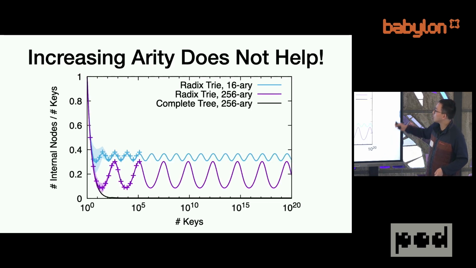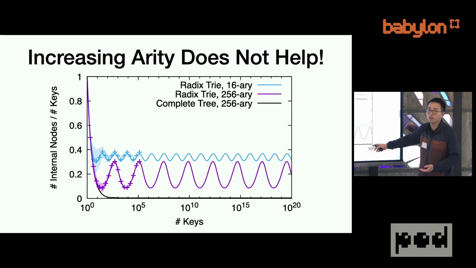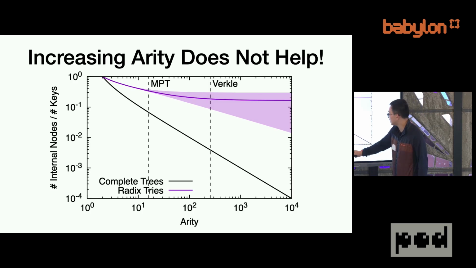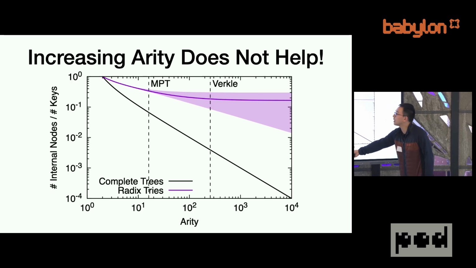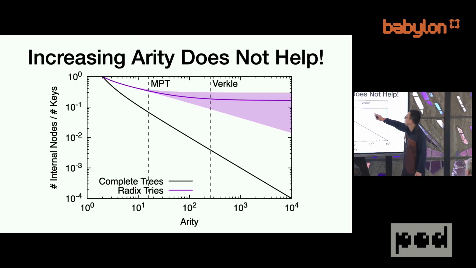And this is one example. If you use a 256 arity, yeah, it works better, but still much worse than the theoretical optimum, which is complete trees. You can also do some theoretical analysis, and you can see that even if you keep increasing arity, at some point it saturates, which is actually quite interesting.